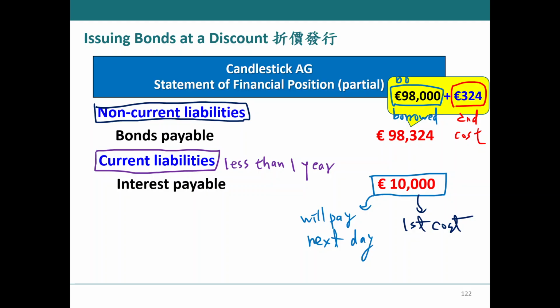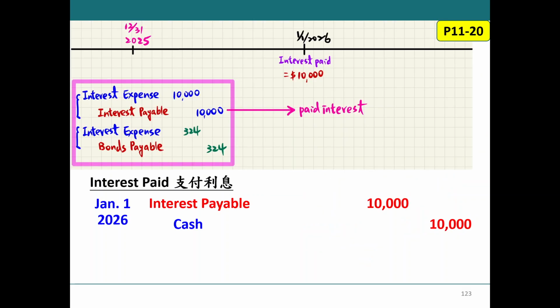Then how about next day? Finally, next day, we are going to pay interest back, okay? So interest, you are going to pay back for your first cost. So next date, your interest payment decrease, cash decrease on next date. Next day is interest payment date.